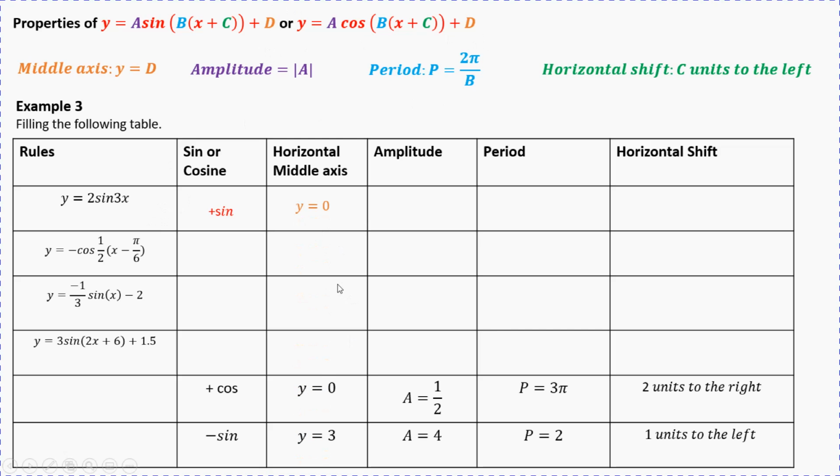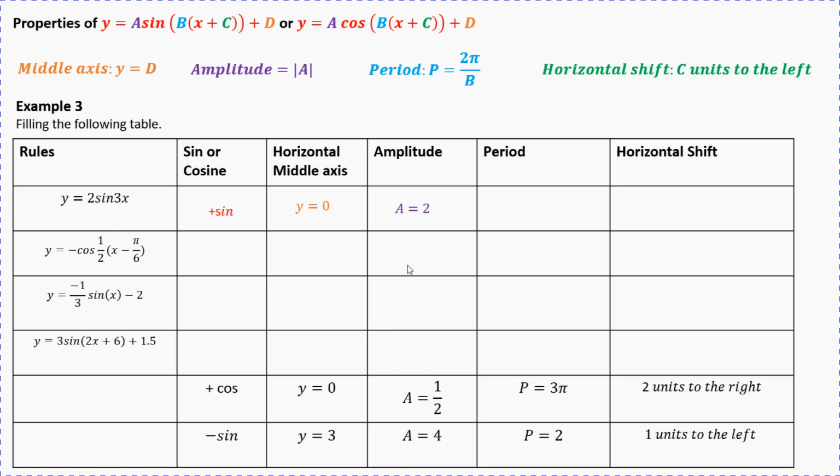So you would say the middle axis is still the x-axis, which is y equals 0. Okay, amplitude. What should be the amplitude? That should be the number in front of the sine function, which is 2. And this is a positive number, so you just say amplitude is 2.